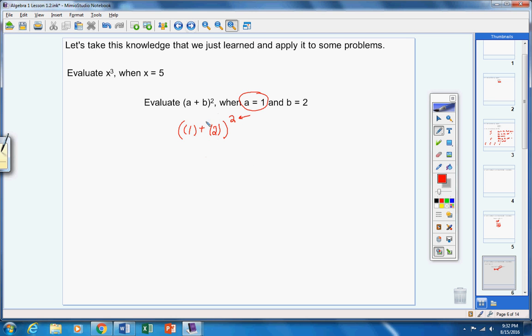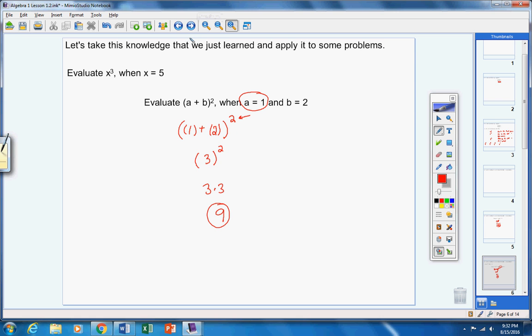We want to simplify this down to one number and then worry about the exponent. So I have 1 plus 2, that's 3. 3 to the what power? Second power. And that means write the 3 twice. So 3 times 3 is 9. Okay? Again, back it up and watch it again if you need to, okay? Make sure you're understanding this.